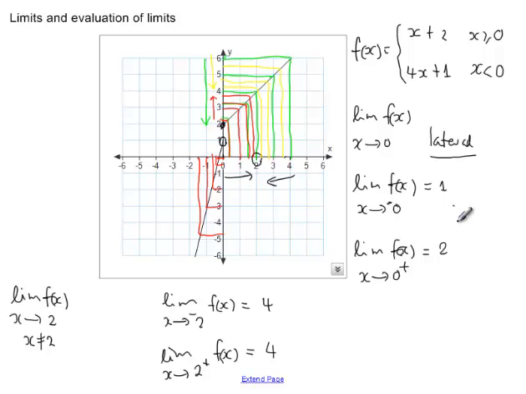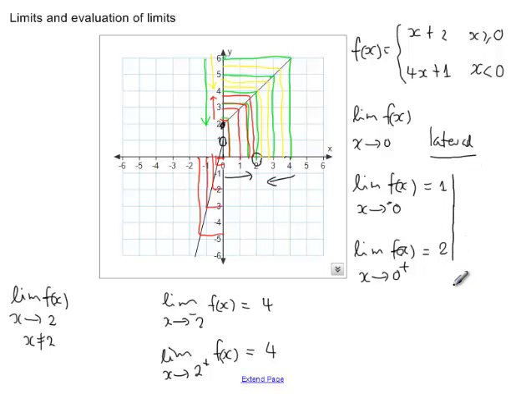Flamin is saying the lateral limits here are different, and the lateral limits here are the same. In other words, at 0 the left-hand limit and the right-hand limit are different.